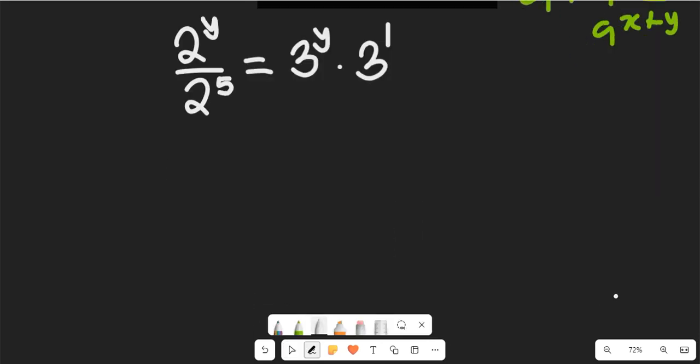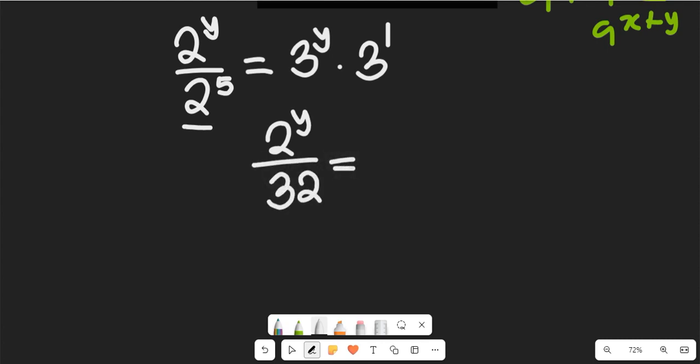We can simplify this. Remember, 2 to the power of 5 is simply equal to 2 times 2 times 2 times 2 times 2. That's going to give me 32, right? So I have this to be 2 to the power of y divided by 32.